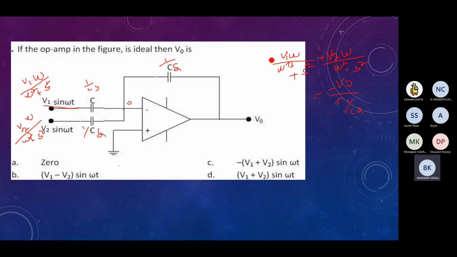Sorry, I forgot the 1 by Cs for these two terms, so I will take it common like this. So we get V naught equals minus (V1 plus V2) times omega by omega square plus s square.